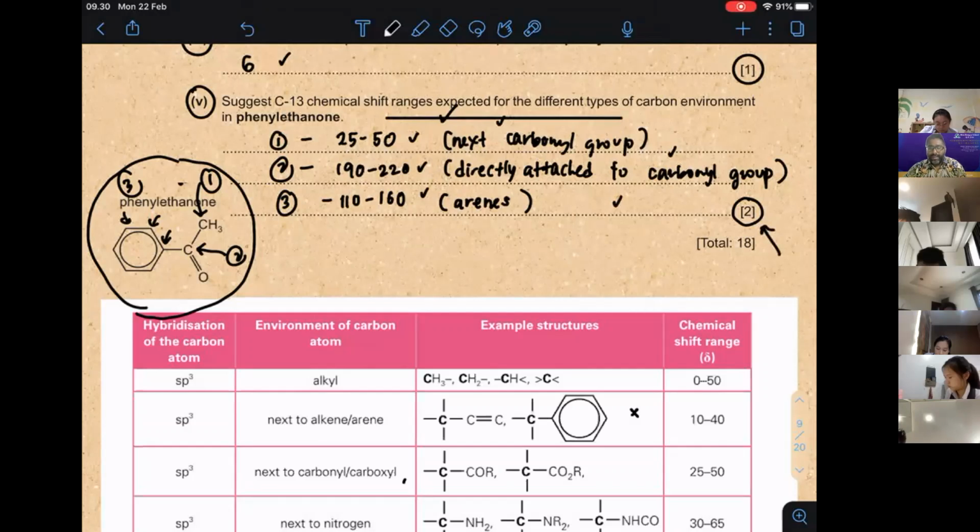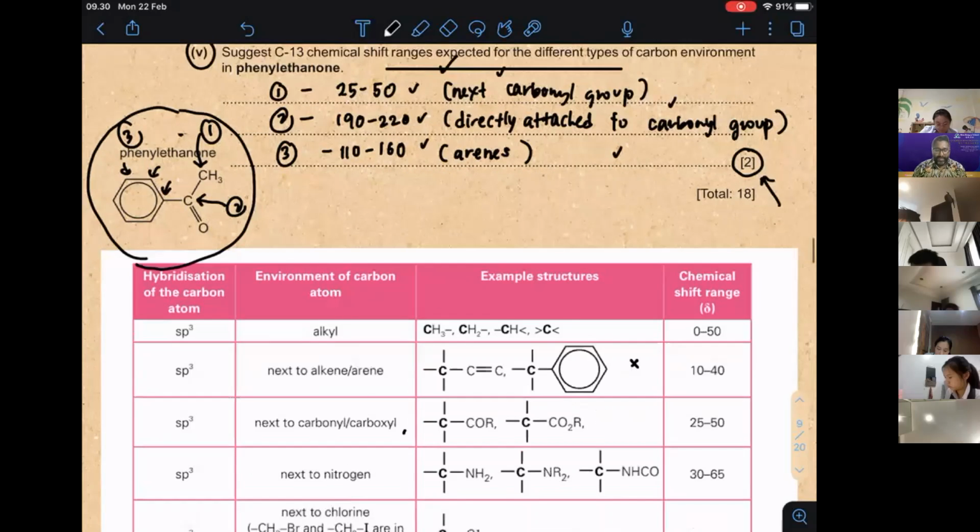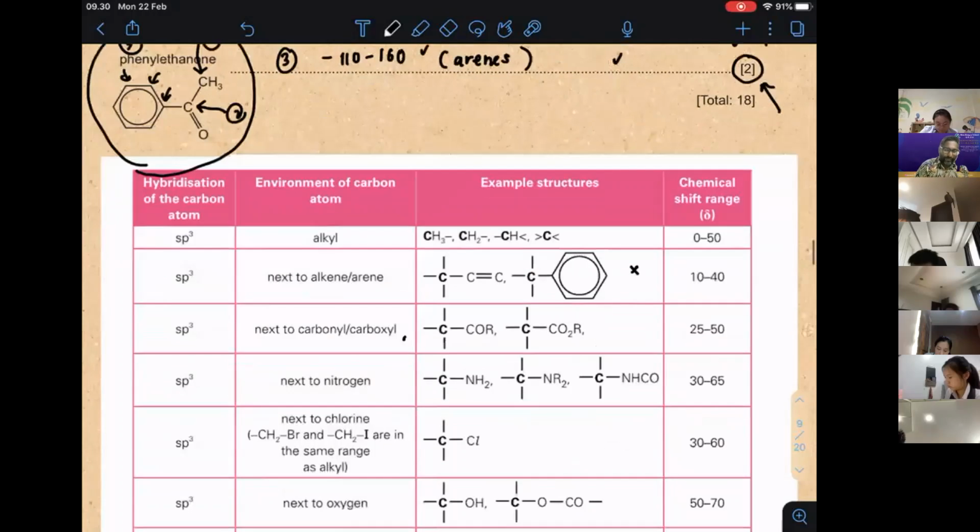Even in the marking key, you can see if you mention any 2 of these, they didn't even give you marks for reason. But I'm suggesting you to write down the reason. As long as you give the correct range, at least 2, they will give you the full 2 marks. So this one you can get from your data booklet, but make sure you select the right one.